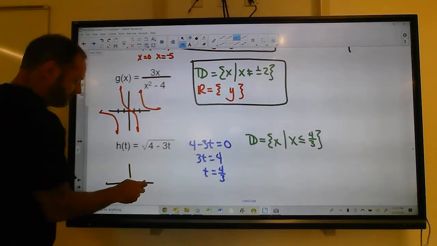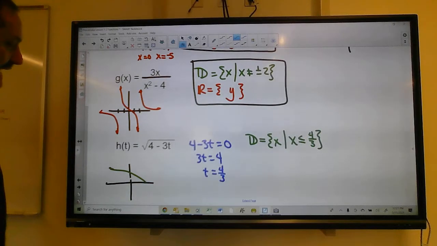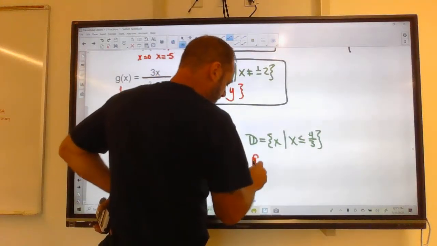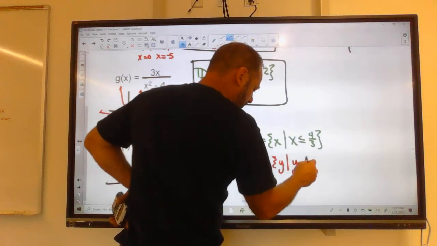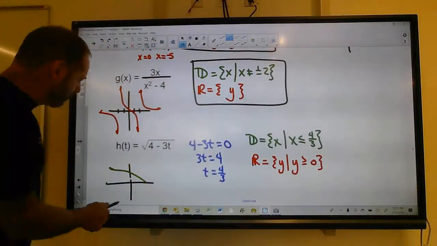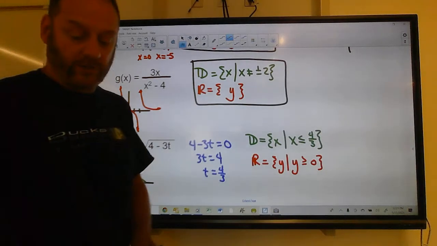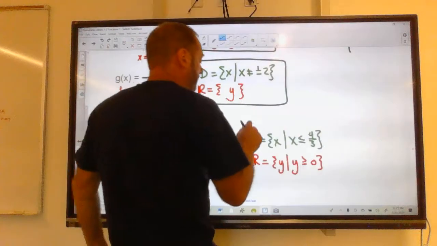Sorry about that. It's always going to be getting bigger like that. So the range is going to be all the y's where y is greater than or equal to 0. This will get as big as you want. A lot of people think it levels off. It doesn't level off. It gets as big as you want. It just takes some time. So here's my domain and my range here.